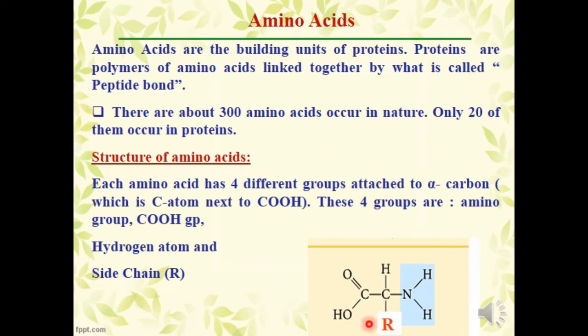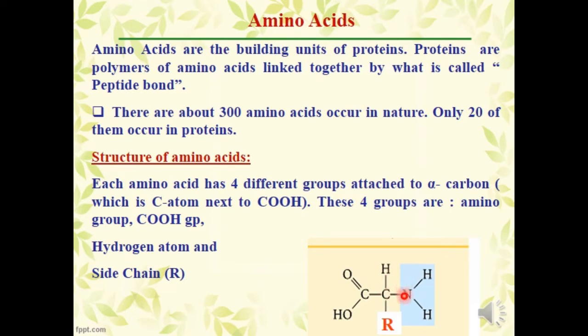So let us look at the chemical structure of amino acids. Each amino acid will have 4 groups which attach to the alpha carbon, which means the carbon next to the carboxyl, COOH. So what are the 4 groups?